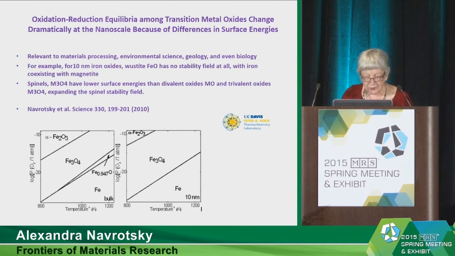The iron oxides are even more extreme, because the monoxide, or nominally monoxide wüstite, in fact, does not exist at low temperature. It peters out at low temperature even in the bulk. And in the nanoscale, because the spinel magnetite is stabilized, the wüstite field essentially disappears.